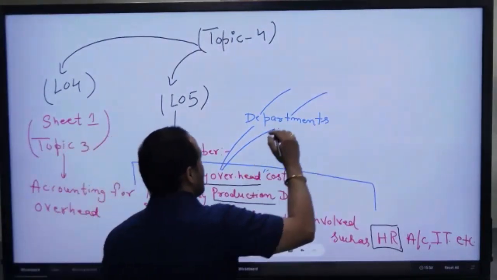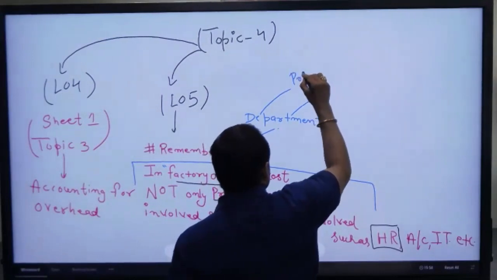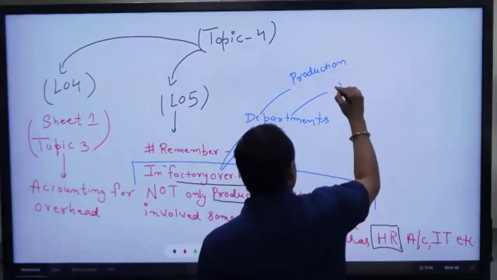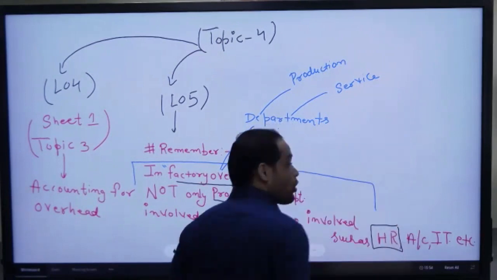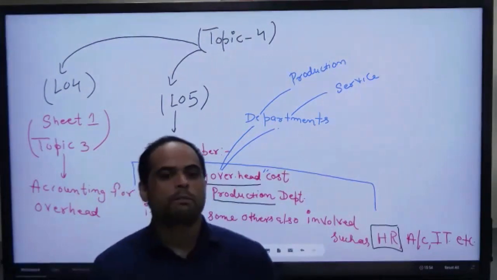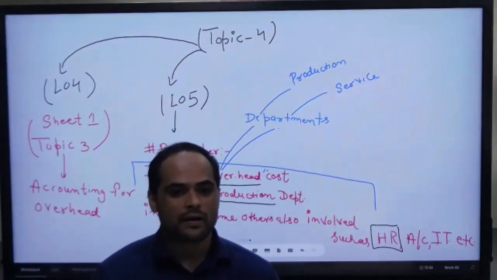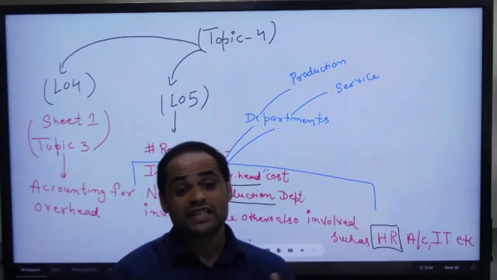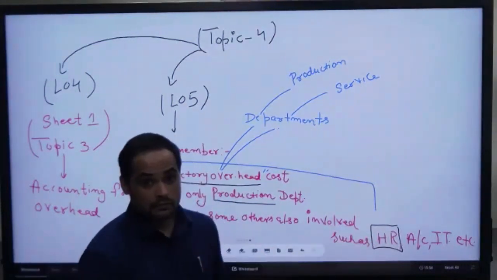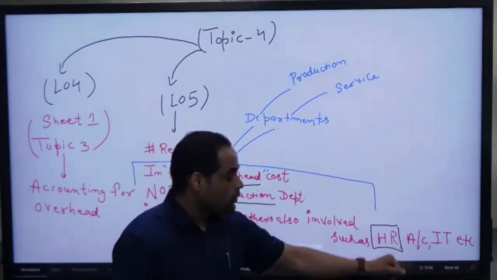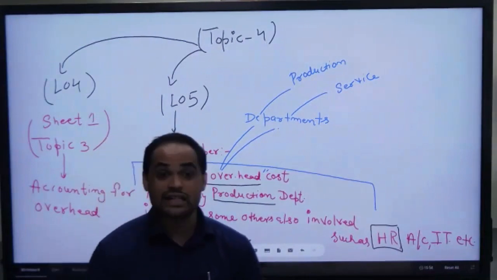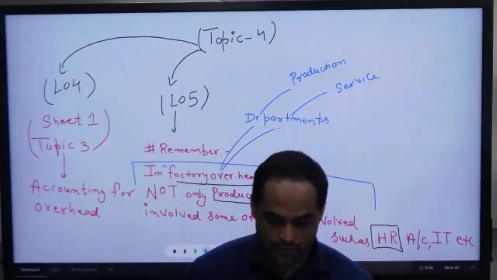This department is our production department, and a non-production department or a service department. Any kind of department that is not involved in production is called a service department, but that service department provides services to the production department, right? Like the human resource service department, because they don't produce product. Account department service, IT service. So these are providing the services, right? Intangible in nature, as you know.